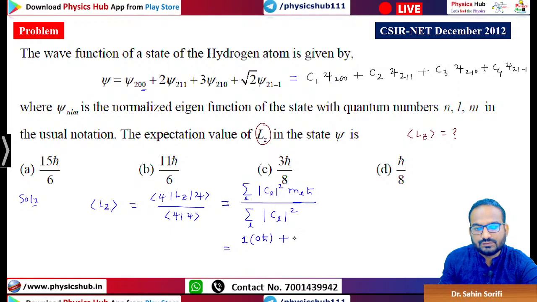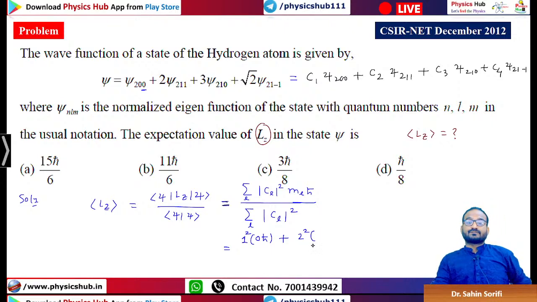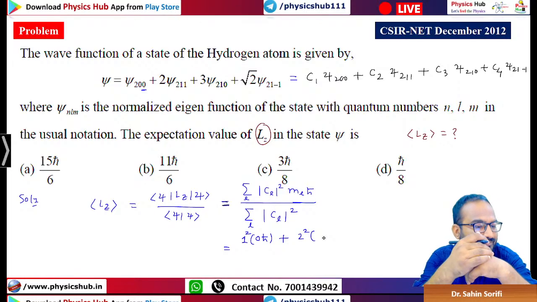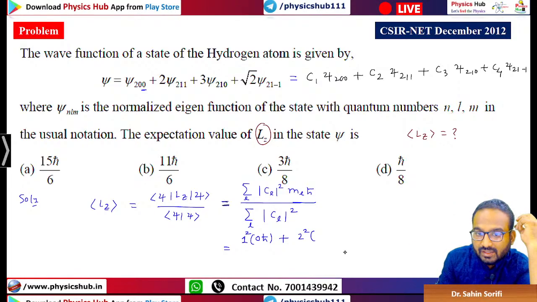So that is 2 square. ML value is 1. 1 ħ.